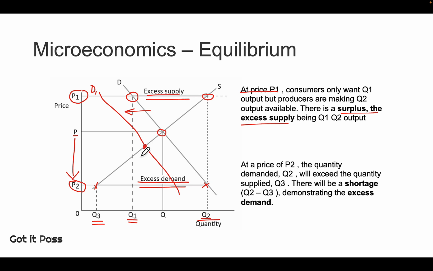But given that the suppliers don't know, they still charge at price P. They don't adopt the change from the shift in the demand curve.